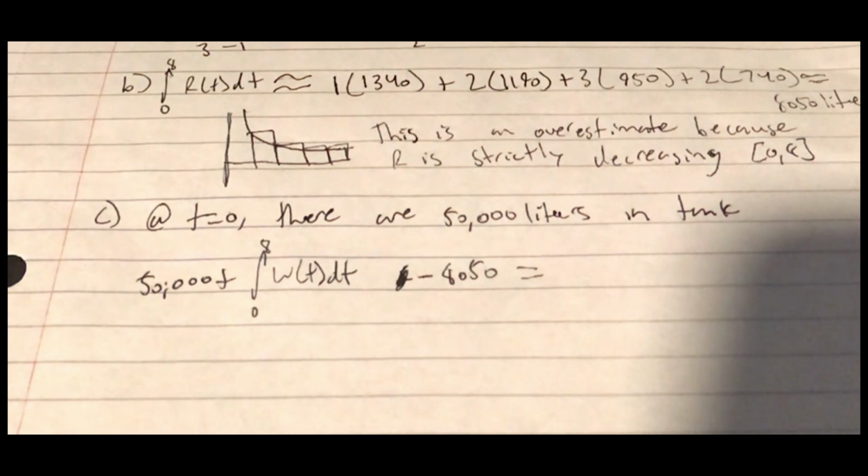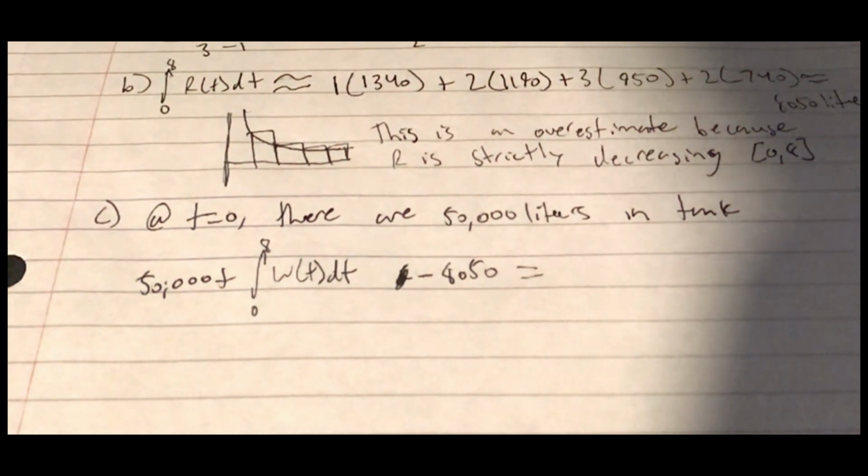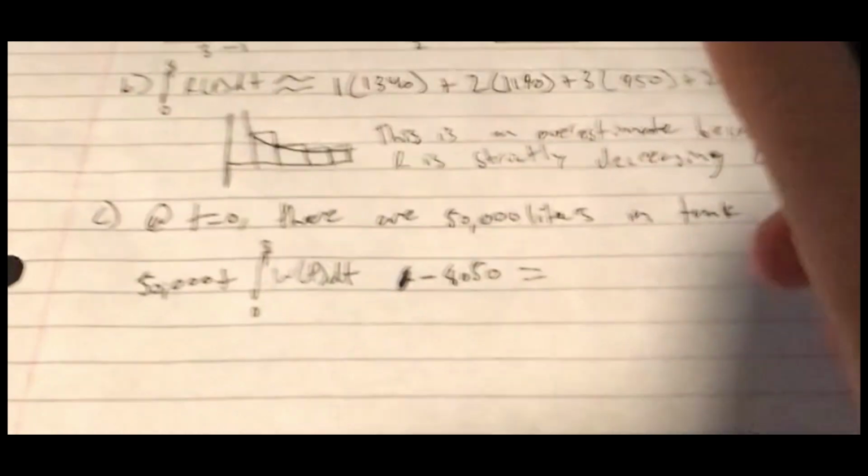I'm just going to type in the integral from 0 to 8 of 2,000 e to the power of negative t divided by, I think, 20. When I do this, I get 7,836.195. I'm going to go to 3 decimals.